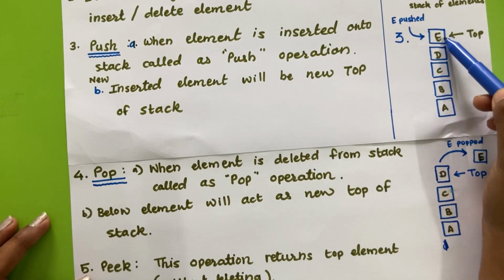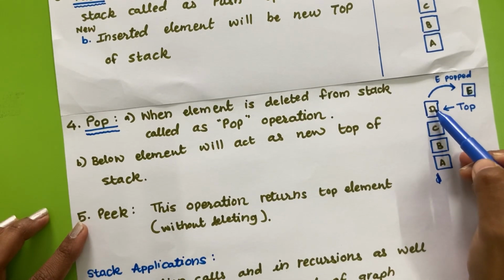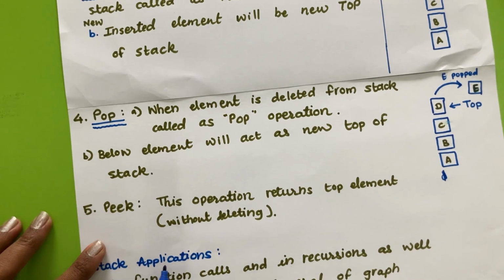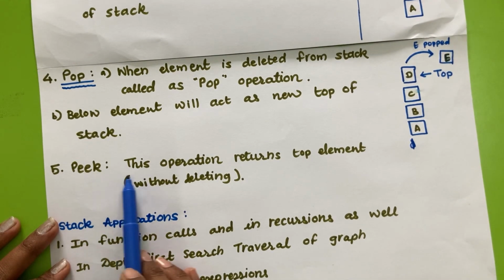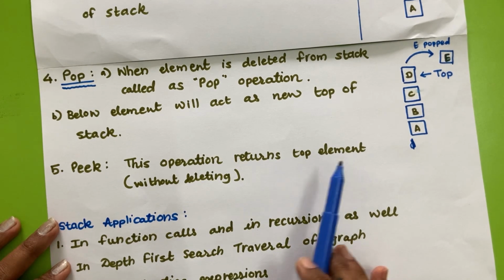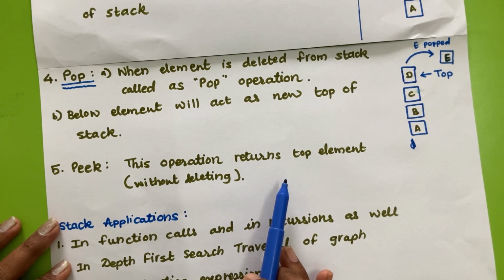Before the pop operation, E was the top. After popping, element D will act as the top of the stack. And one more operation is the peek operation, which returns the top element. In this operation, insertion and deletion are not performed at all.